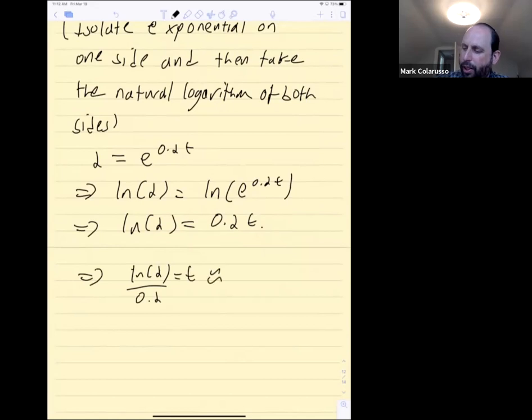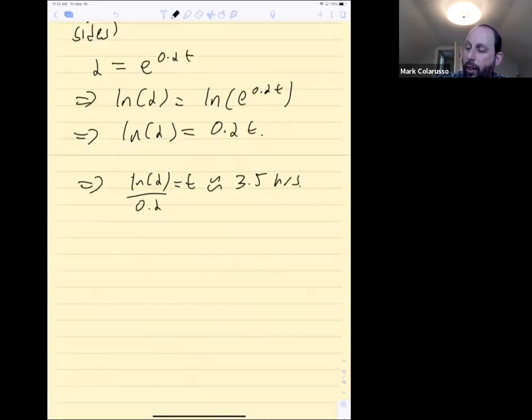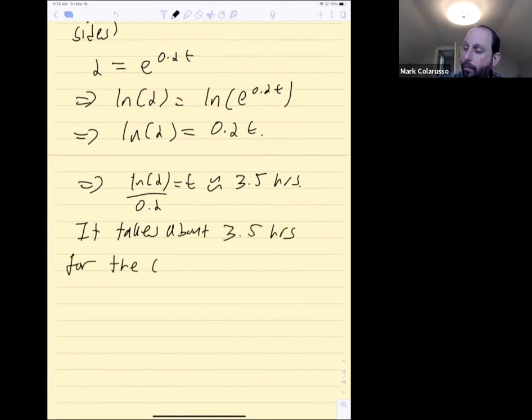This is approximately, if you punch it out in your calculator, 3.5 hours. So it takes about 3.5 hours for the culture to double in size from the initial amount.